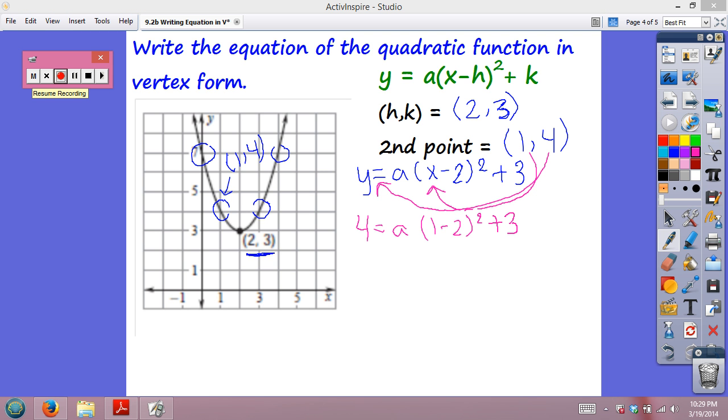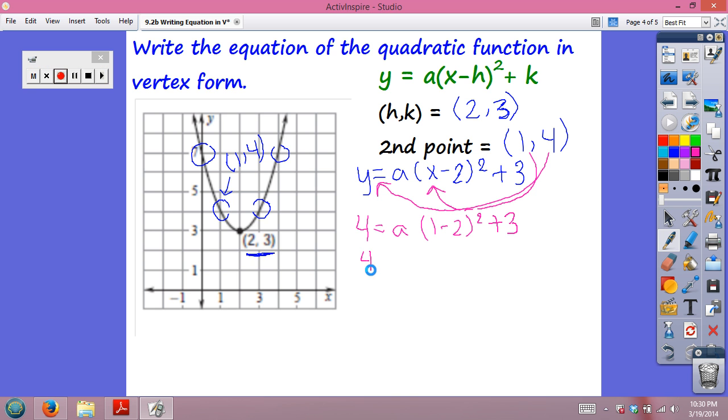So if we simplify, we're going to get 4 equals a times (1 minus 2 is negative 1) squared plus 3. Negative 1 times negative 1 we know is just a positive 1, and anything times 1 is itself, so we just get a plus 3. Solving for a, we subtract 3 from both sides, and we get that a equals 1.